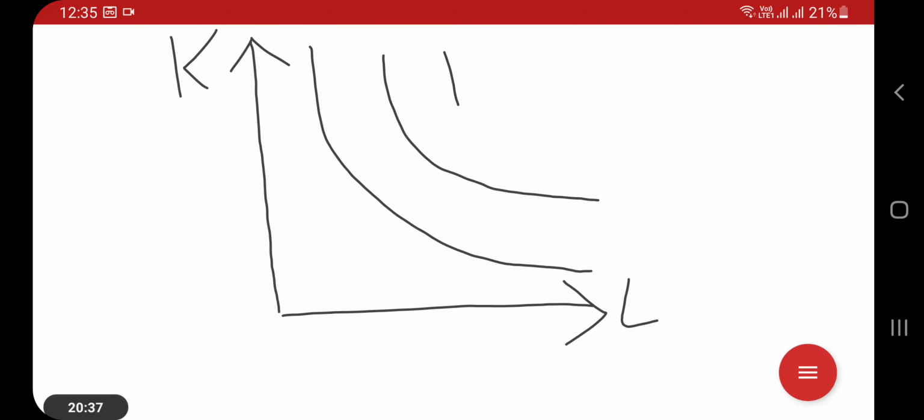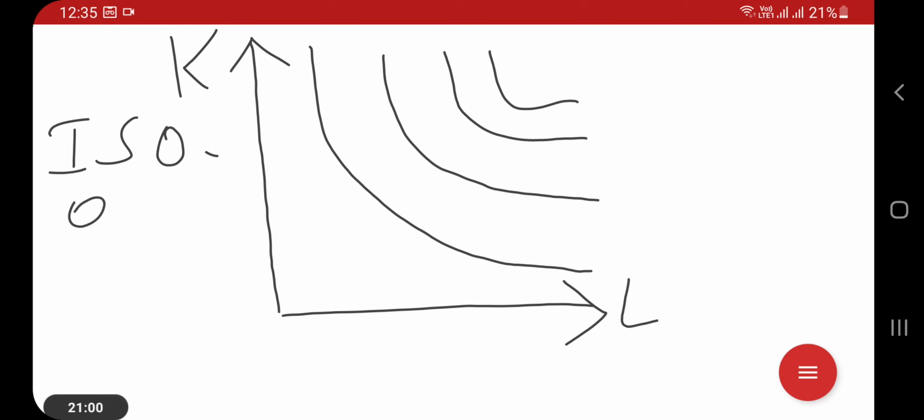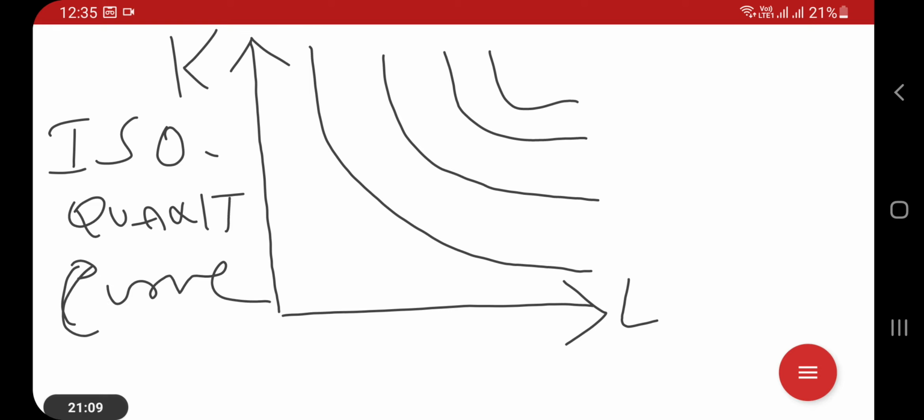This is the map of curves which look like indifference curves. But what is the exact name here? Isoquant curve.